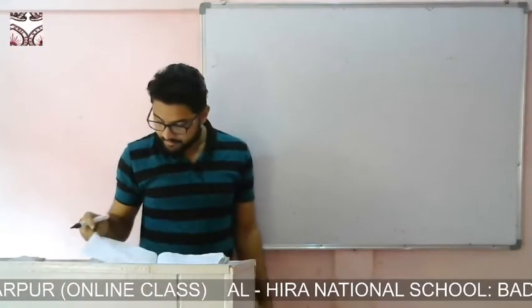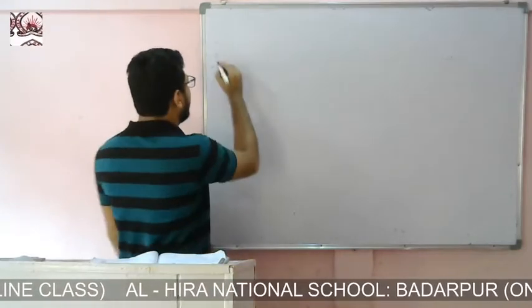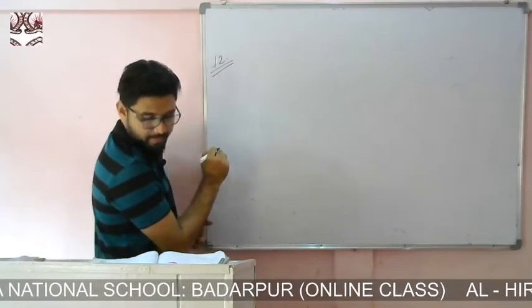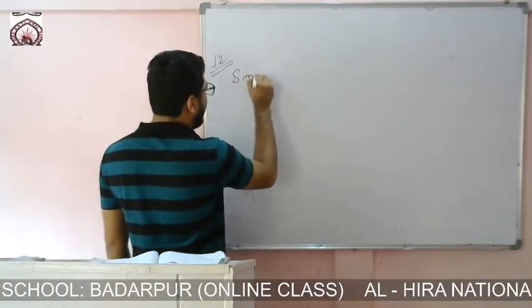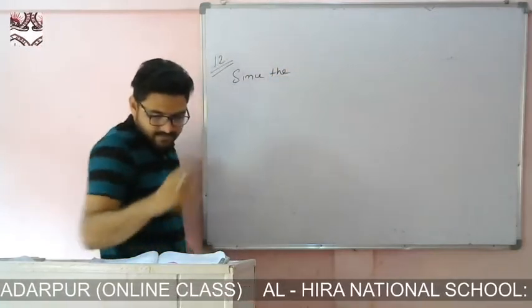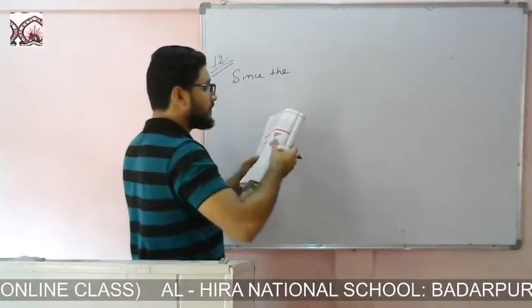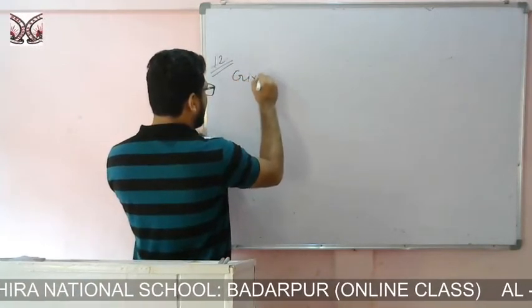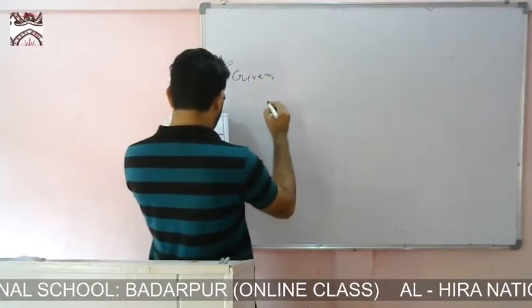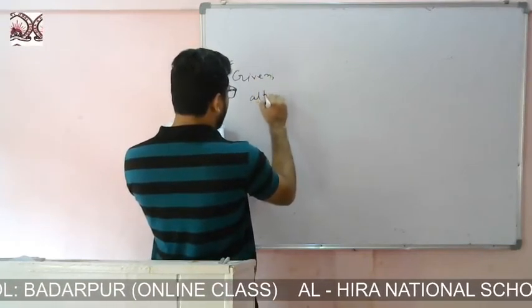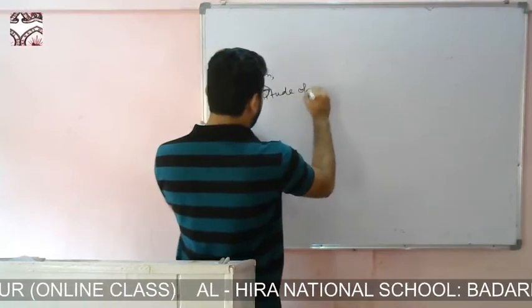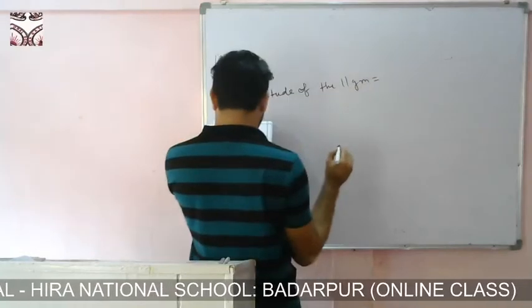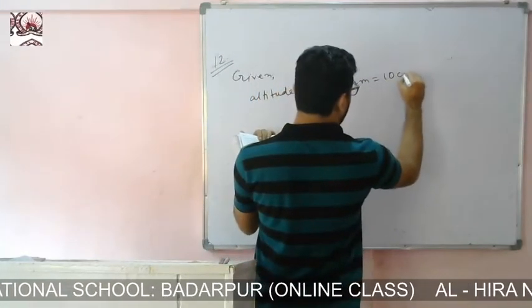So write number 12. First you write whatever is given. Given altitude of the parallelogram equals 100 meter.